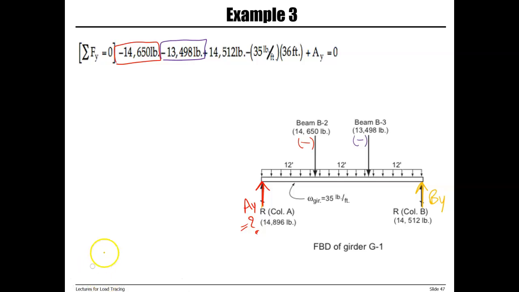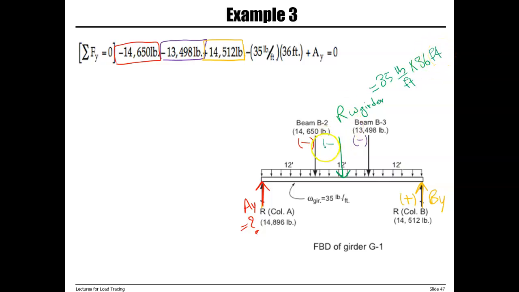We have BY upward, so positive sign, and we have the resultant of the girder's weight, which is 35 PLF times total length, which is 36.